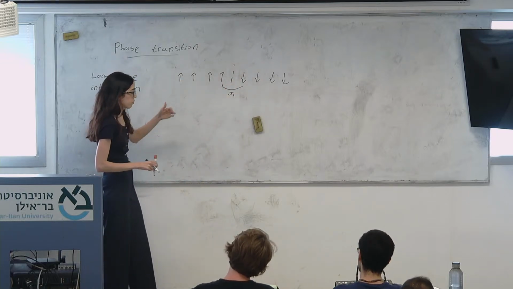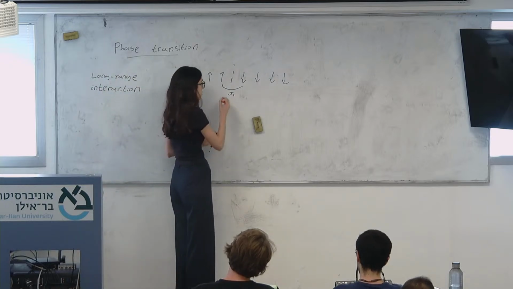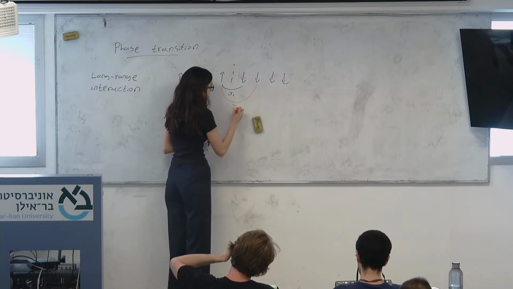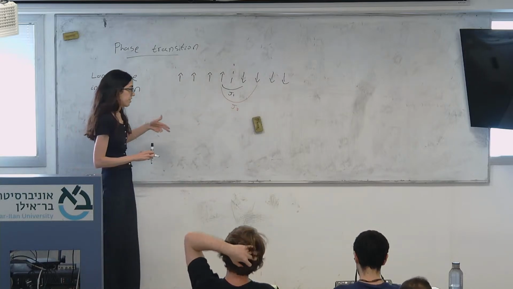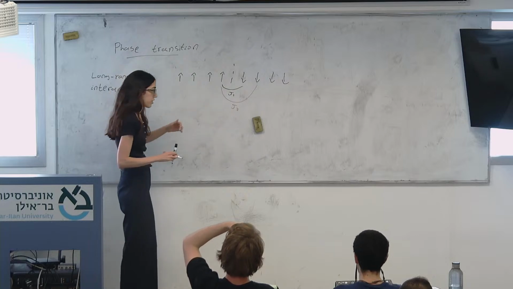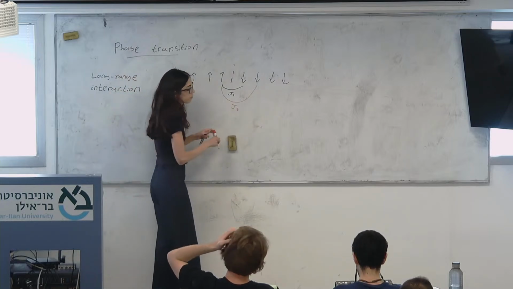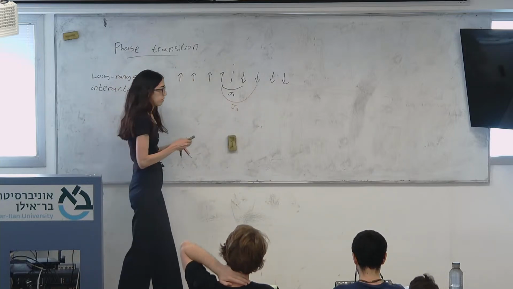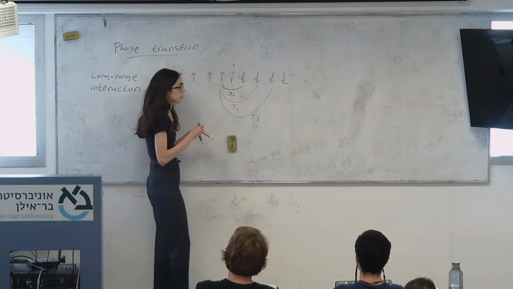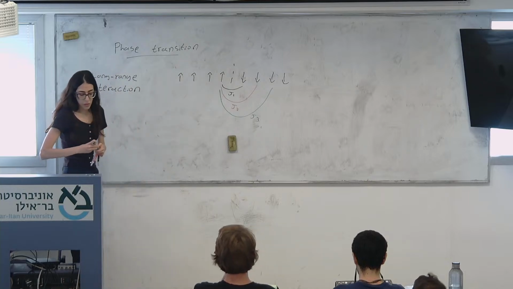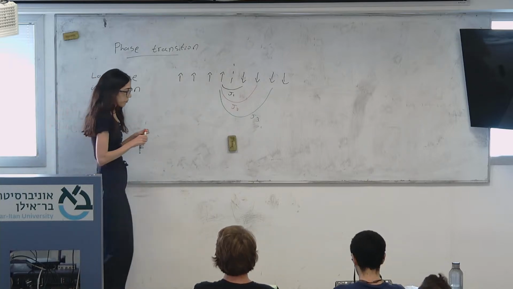So that's the interaction with the nearest neighbors. We're also going to have J2 for the next nearest neighbor interaction. And then we're also going to have J3, and so on and so forth.